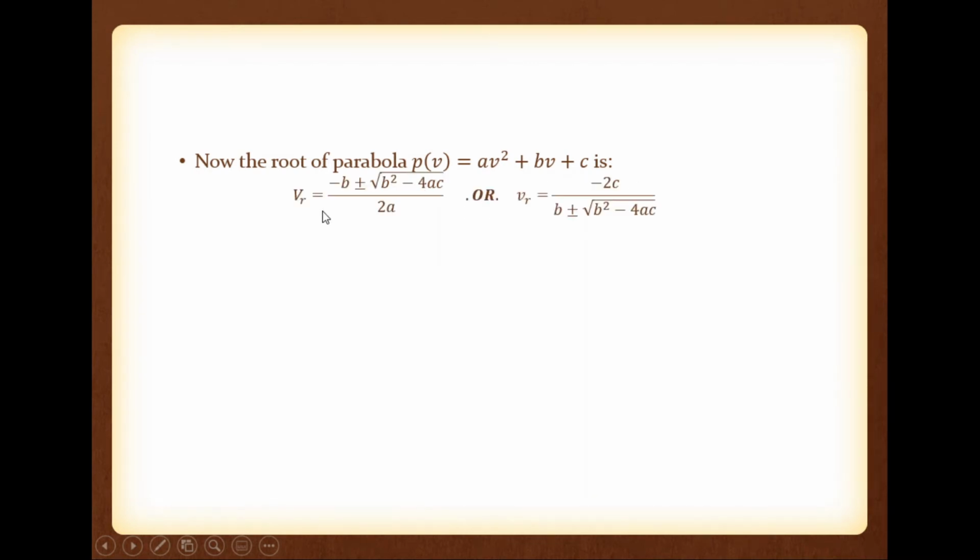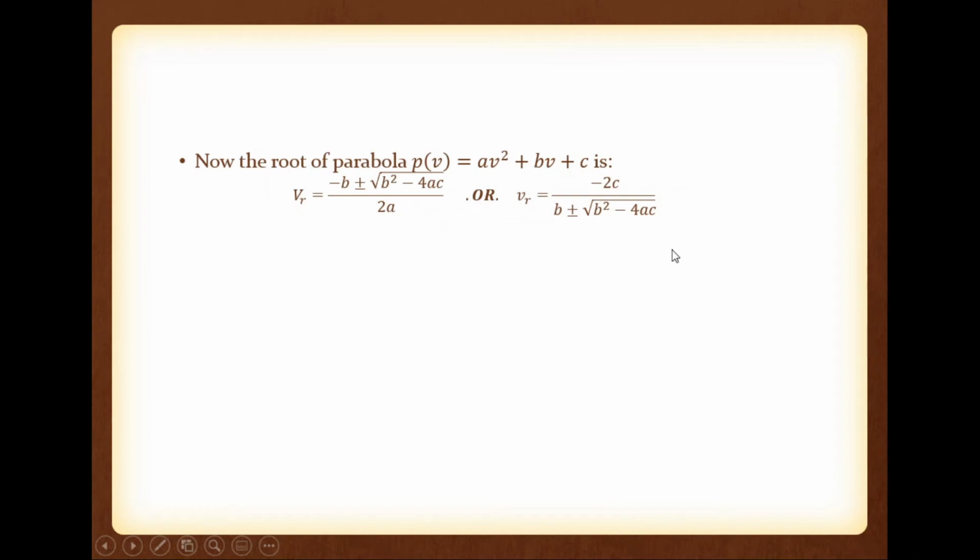Any one of these two equations you can use. Either vr is equal to minus b plus or minus root of b square minus 4ac, divided by 2a, or vr is equal to minus 2c divided by b plus or minus root of b square minus 4ac.